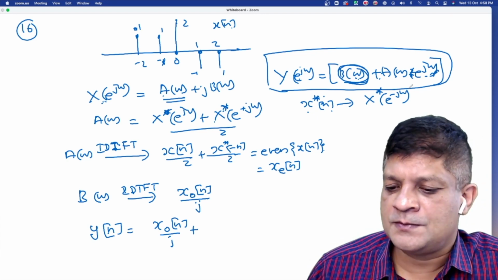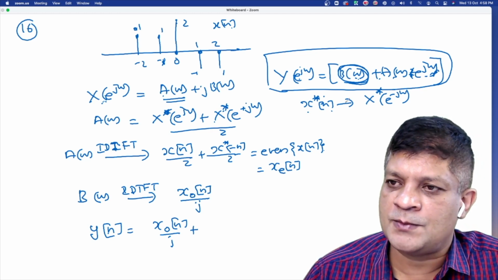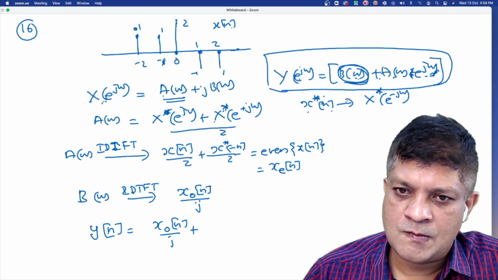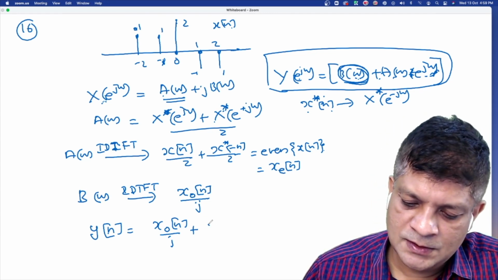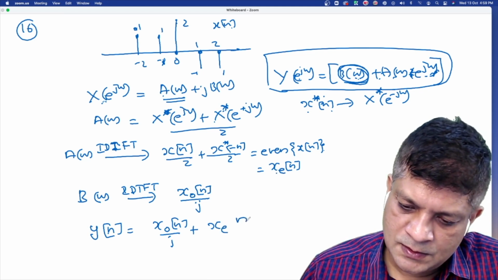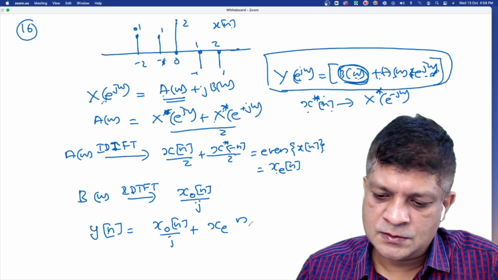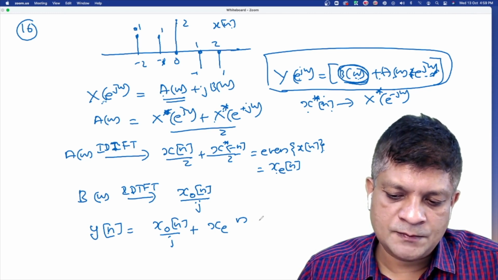What about the second part? What is the inverse Fourier transform of A(ω) e^{jω}? It is the shifted even part of x[n].